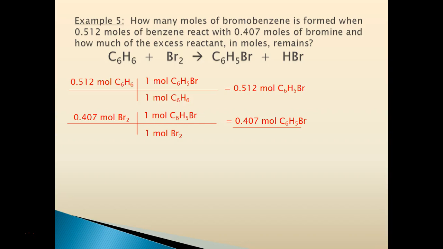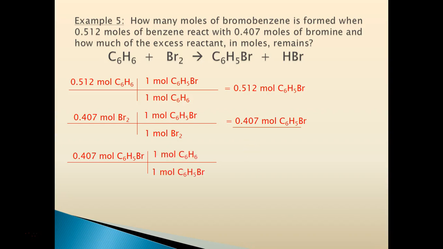So now we have to calculate how much excess remains. Well, the key is to understand what we're doing in stoichiometry. If you know how much of one product forms, then you can calculate easily how much of another reactant was used to create it. So we're going to work backwards from our theoretical yield to determine how much benzene was used. So I produced 0.407 moles of bromobenzene.